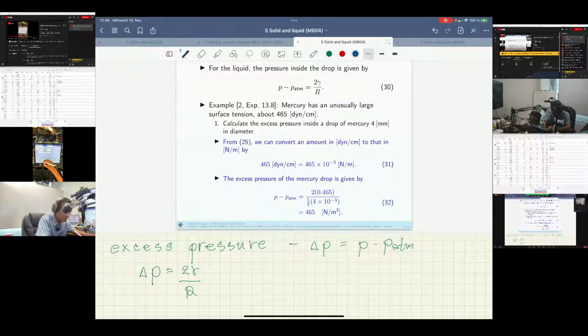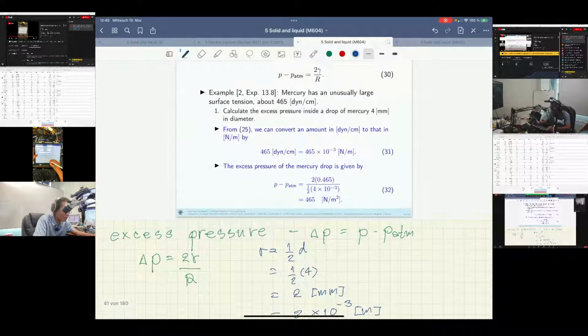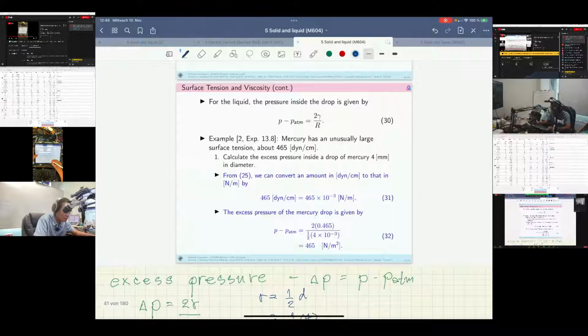The radius is 1/2 of the diameter, which in this case is 4 millimeter. 1/2 of 4, right? It's equal to 2 millimeter, and in terms of meter, it's 2 times 10 raised to negative 3 meter. And what else?